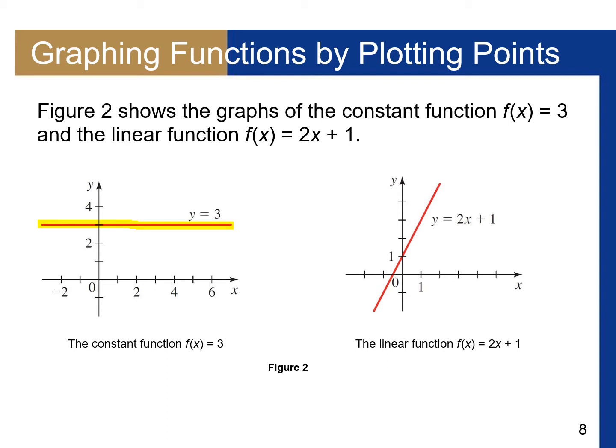And here we have f of x equals 2x plus 1 on this other graph. It goes through 1, which is the y-intercept. From that point, you rise 2 and go to the right 1, which gives you your 2 over 1 slope.